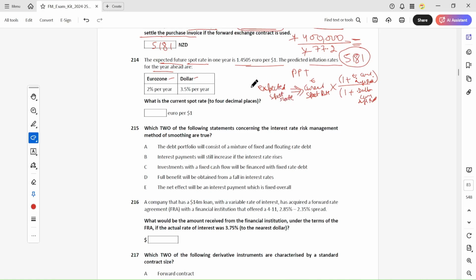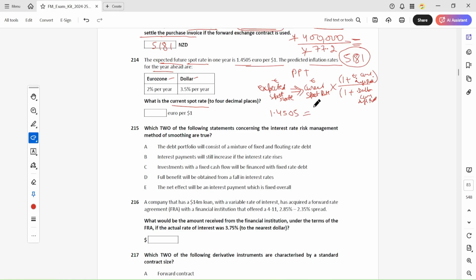Generally we have to calculate the expected spot rate, but in this question the expected spot rate is given, and we have to calculate the current spot rate. This is also in euro, 1.4505.